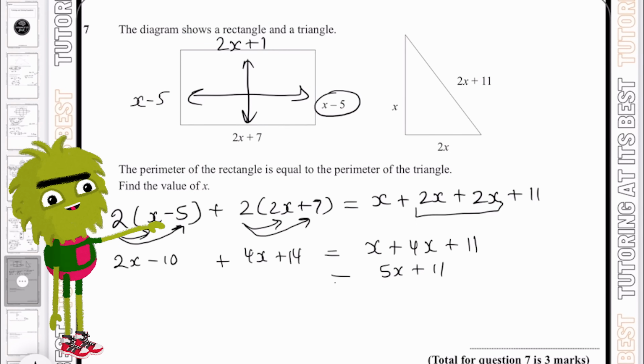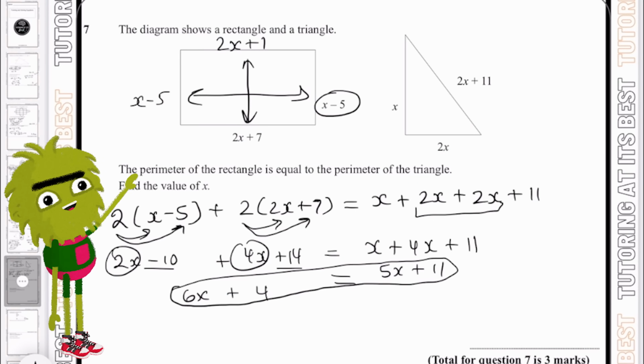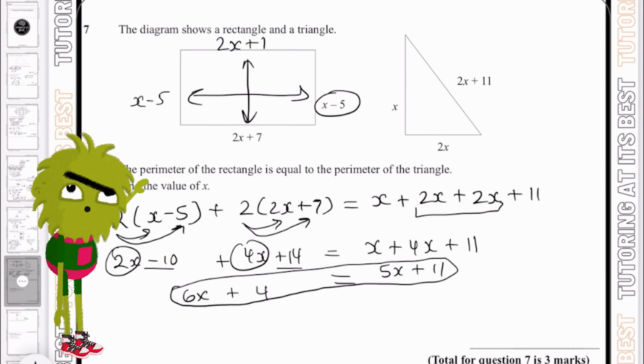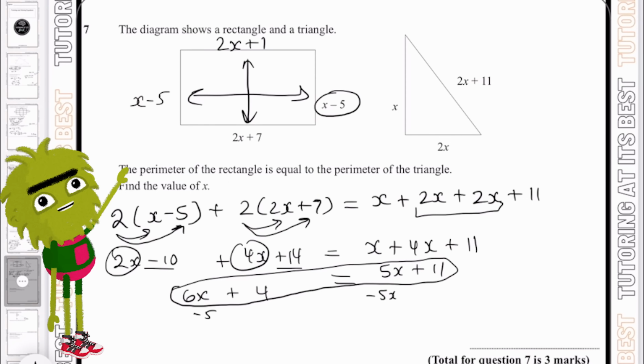So for our left-hand side, let's go ahead and simplify this. We have 2x and 4x, which gives us 6x, and minus 10 plus 14, which gives us plus 4. So we have 6x plus 4 equals 5x plus 11. And now we can go ahead and make x the subject. So let's minus 5x on both sides here.